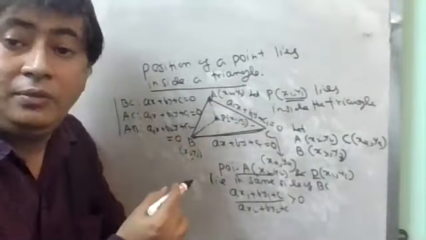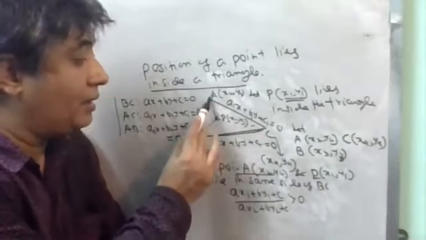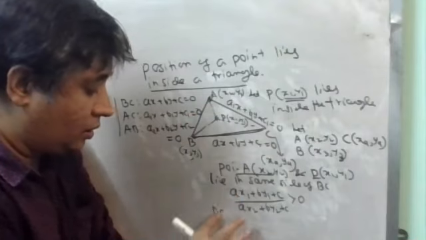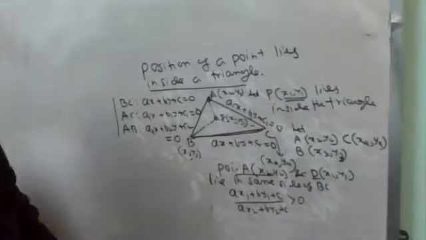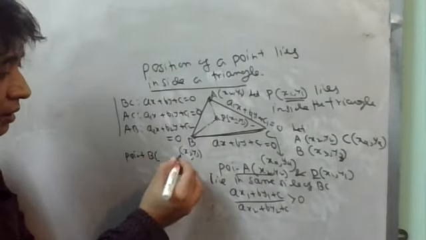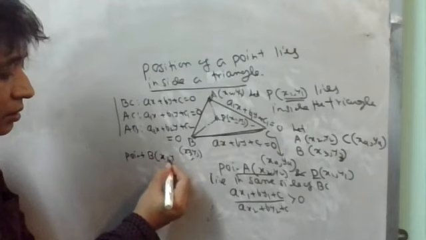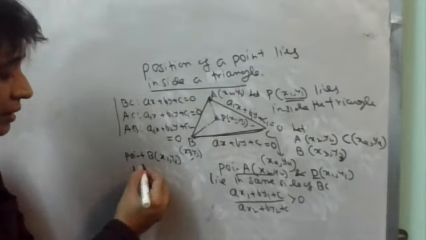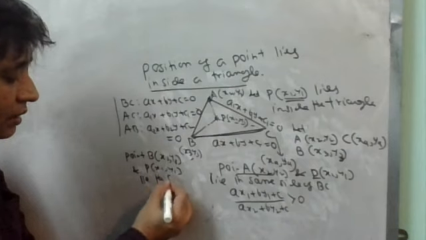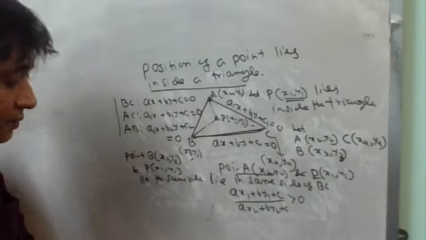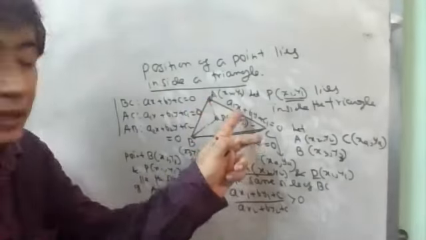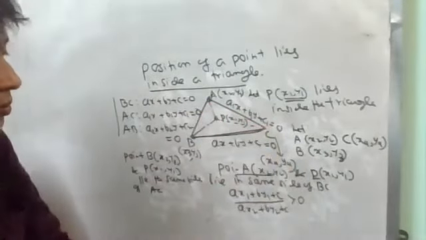Now it will be the same for the points B and P. They lie on the same side of AC. Now the point B, that is x3 y3, and x1 y1 lie on the same side of AC. What is AC's equation? a1x plus b1y plus c1 is 0.